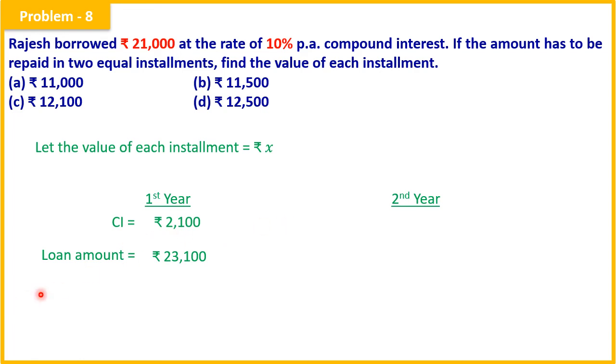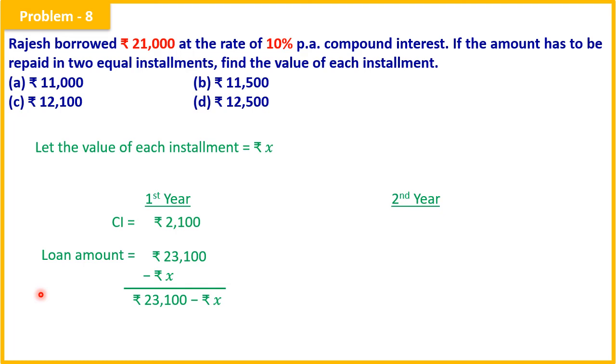So 23,100. इसमें से x रुपी as first installment वो रीपे करता है. तो x रुपये अगर इसमें से मैं कम करता हूं तो लोन अमाउंट कितना बचा? It is equal to 23,100 minus x, because x rupees is the first installment that he has paid.